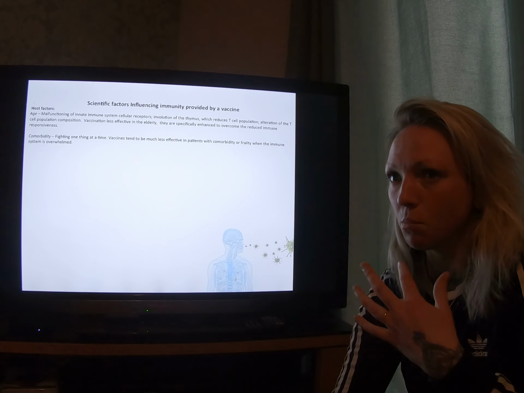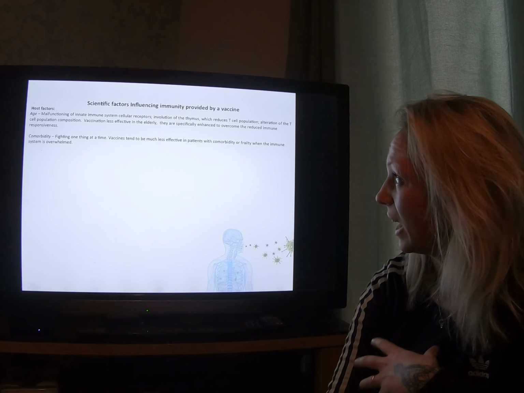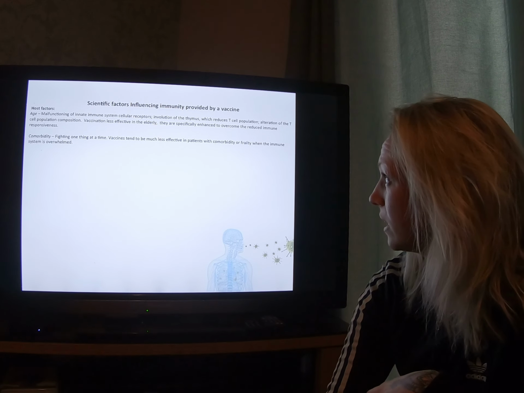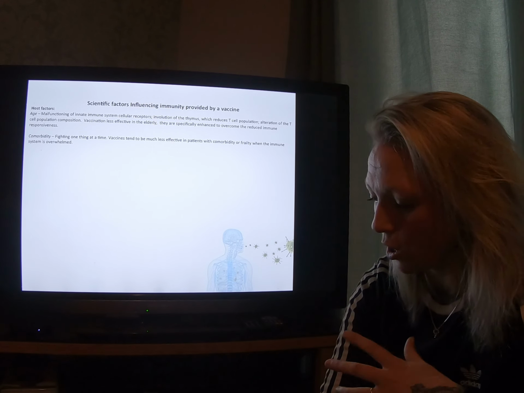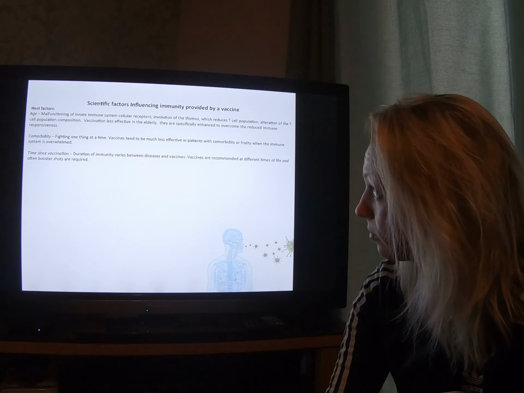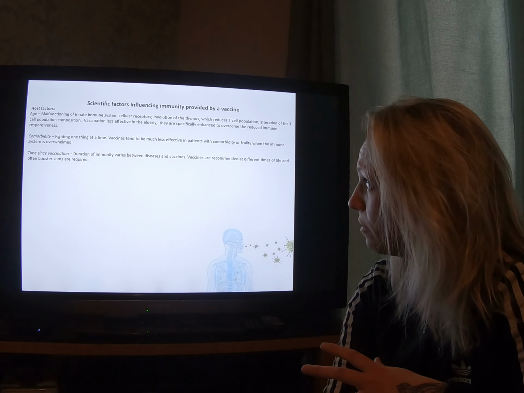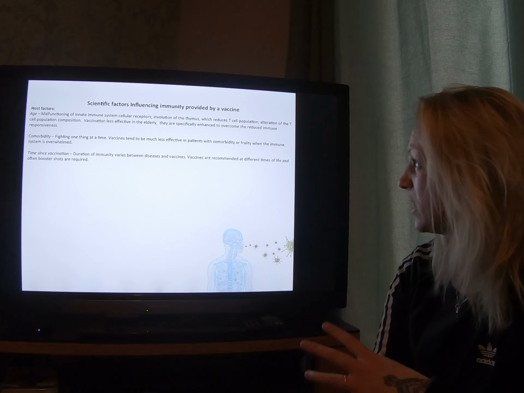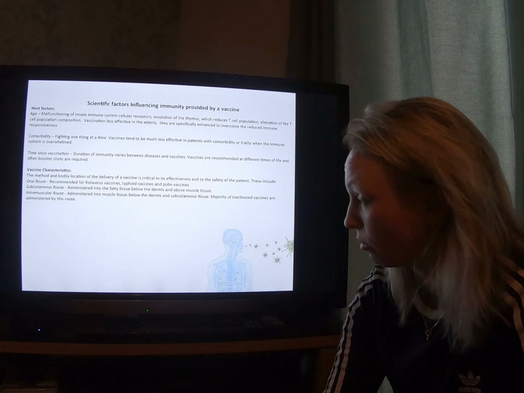If our body's fighting more than one virus at a time, vaccines tend to be much less effective when the immune system is overwhelmed or overloaded. And time since vaccination. Duration of immunity varies between diseases and vaccines. Vaccines are recommended at different times of life, and often booster shots are recommended.